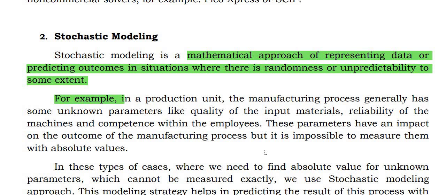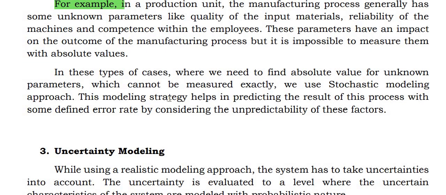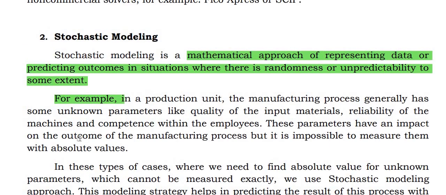Sometimes, there are machines that no longer work. There are machines that, even if they are new, suddenly break down. How about your production when that happens? In these cases, where we need to find absolute values for unknown parameters which cannot be measured exactly, we use a stochastic modeling approach. What is the main use of this stochastic modeling?